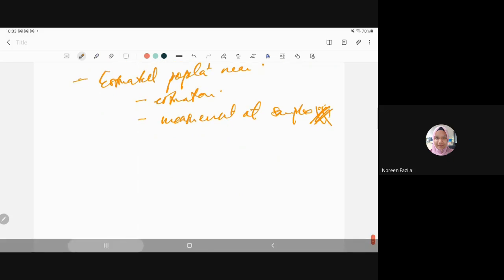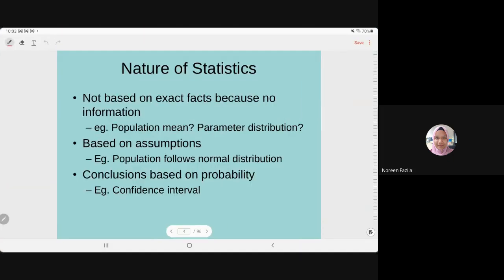Is it going to be the truth? It may or may not be. That's why it is an estimated mean, right? So the nature of statistics is that it is not based on exact facts, because it is impossible to get exact facts. So we have to be content with estimations.